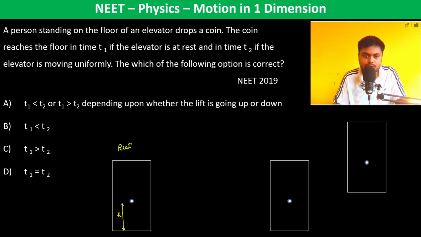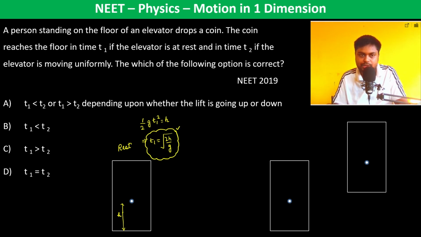Since the coin is dropped, we can write this equation: half, initial velocity is 0, so half into g t1 square is equal to h. Therefore t1 becomes root over 2h by g. So this is t1.